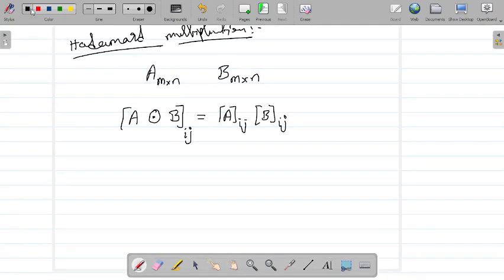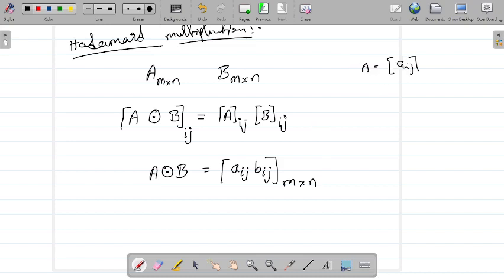In other words, A dot B is going to be again an m by n matrix. So here I need to take the product of Aij times Bij, where A is a matrix Aij of size m by n, and B is a matrix Bij of size m by n.